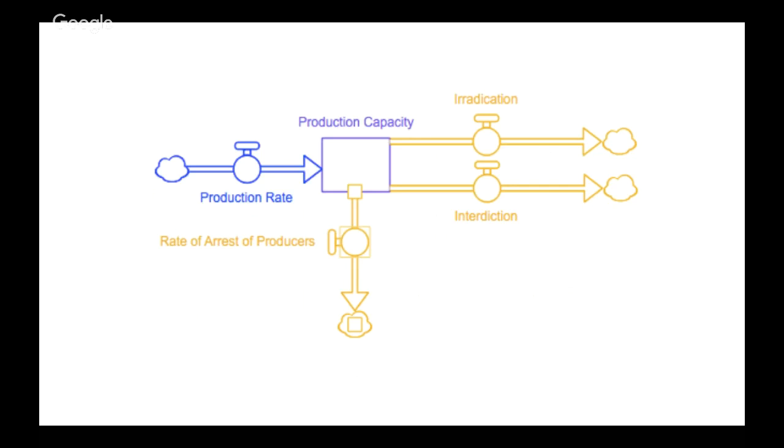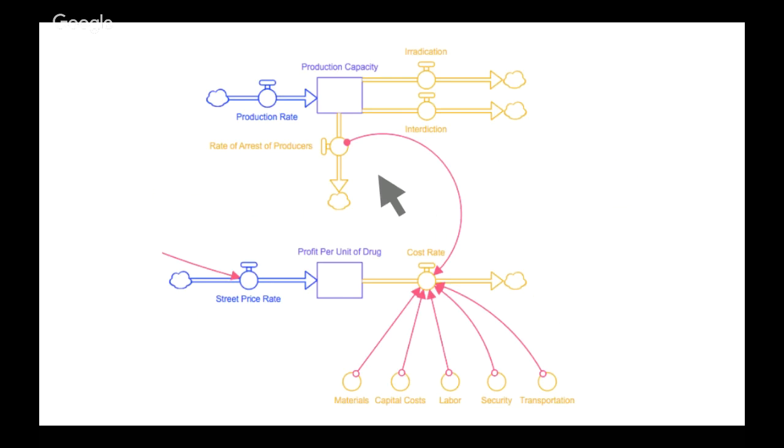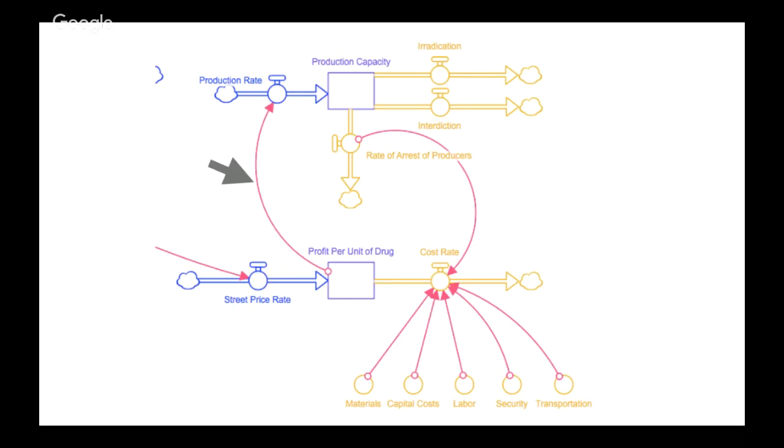Eradication and arrests are self-explanatory. So this image shows that arresting producers is another way to reduce profitability by driving up the cost to produce. And then this arrow shows that the profit is a driver of new production because it creates the incentive to produce more.